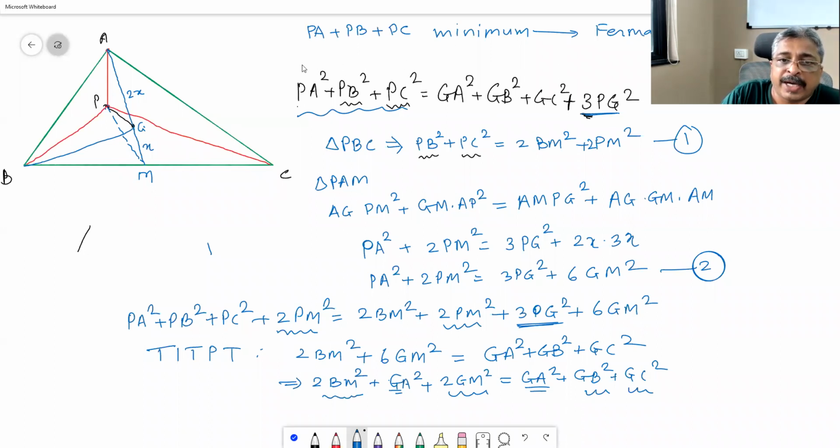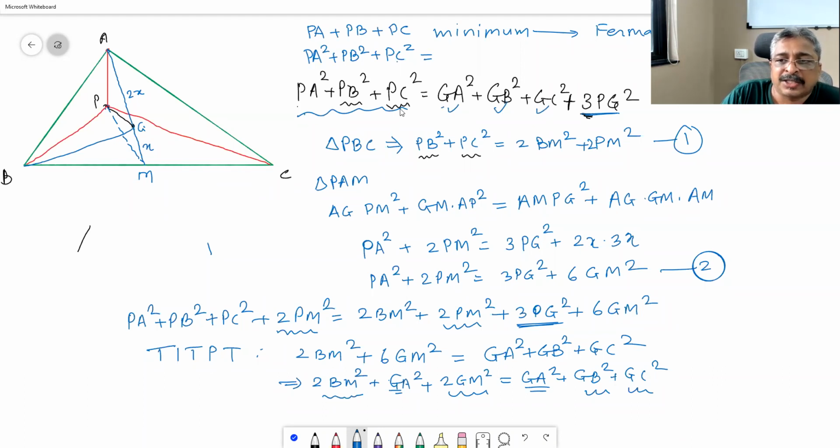Now in 11th you will be asked to minimize PA square plus PB square plus PC square. What is going to be the minimum, not distance, identity? The moment your triangle ABC is fixed, your centroid is fixed, therefore these distances are fixed.